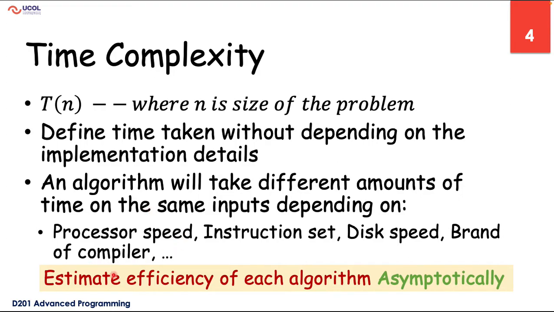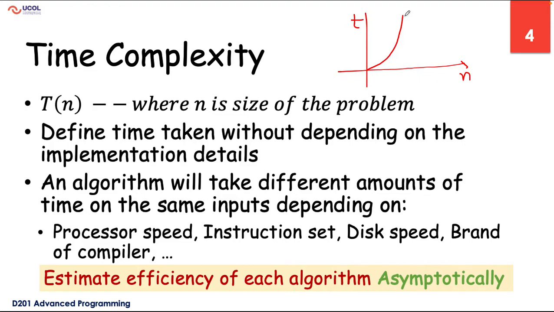Okay, so we estimate the efficiency of each algorithm asymptotically. Asymptotic is more like this: for example, if we have a two-dimensional plane, here is the size of the problem, and here is the time taken by that particular algorithm. If I draw something like this, this is kind of quadratic.